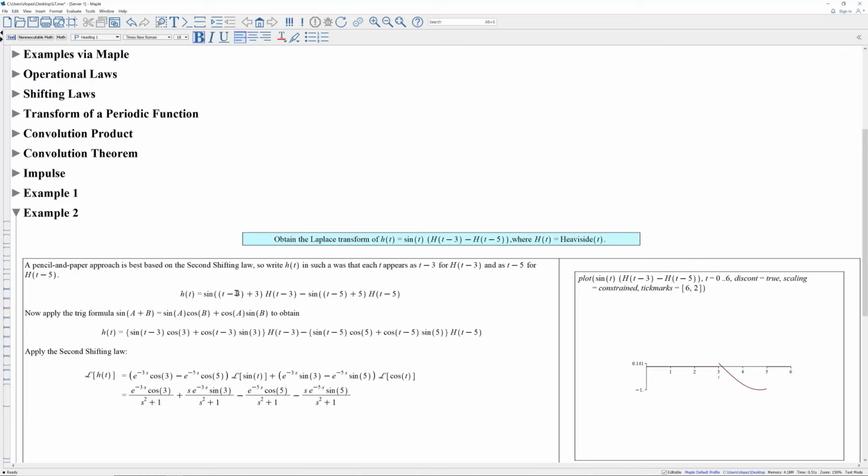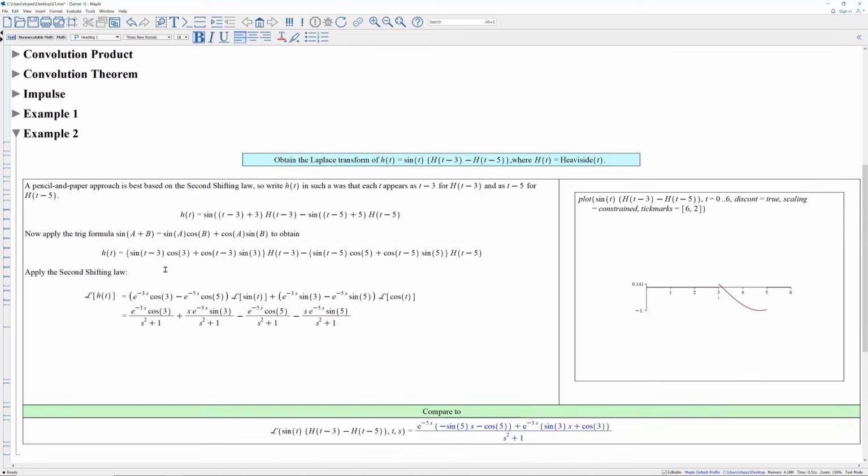Now, for sine t, you can do t minus 3 plus 3 and use the trig formula to split this. But now you've got an h of t minus 5, so you have to have sine of t minus 5 plus 5. And you have to use this sum law, trig law, twice. And so you now have this and this.